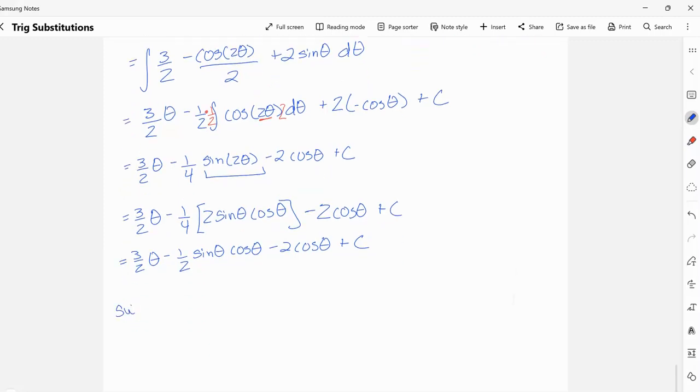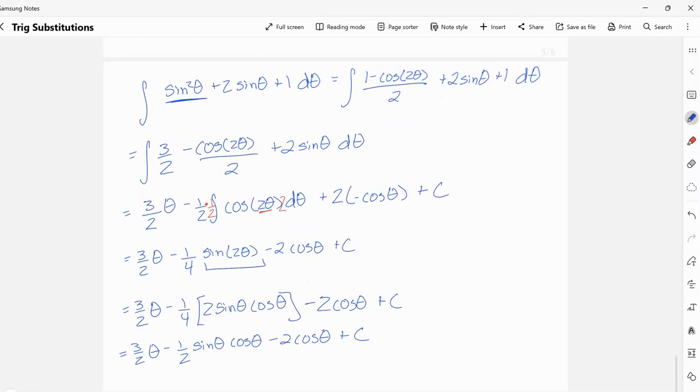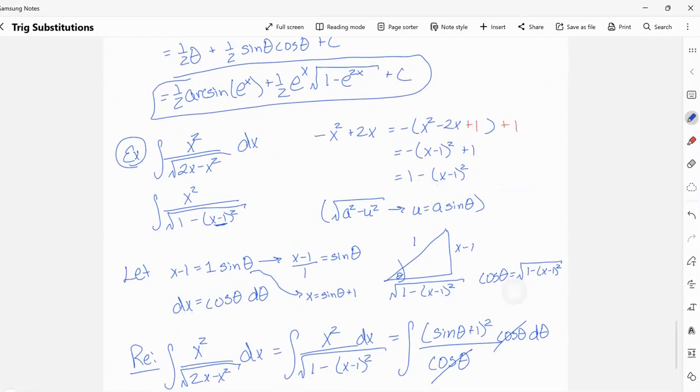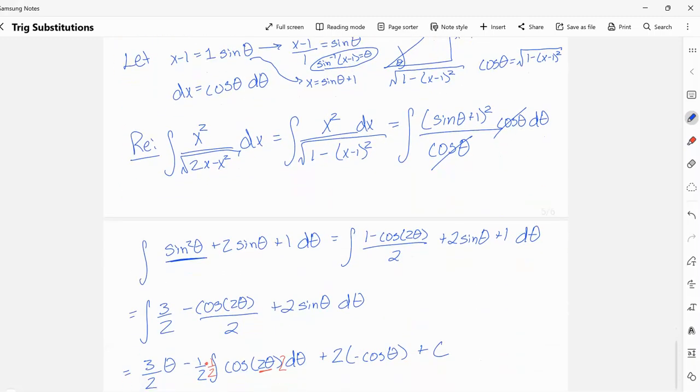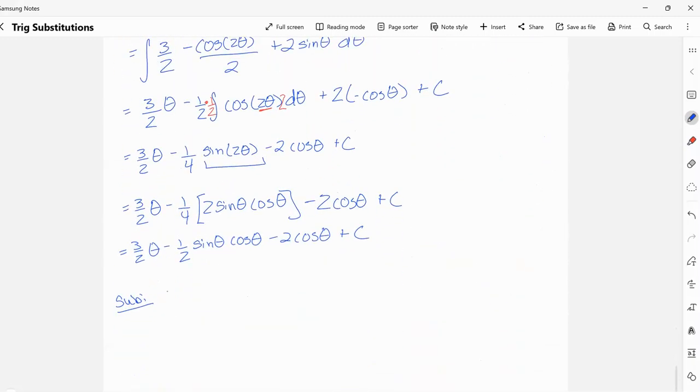So let's substitute in what we know. We got to figure out what theta was. I'm going to have to go way back up here. So theta would be arcsine of x minus 1. So we're going to have 3/2 arcsine of x minus 1 minus 1/2.